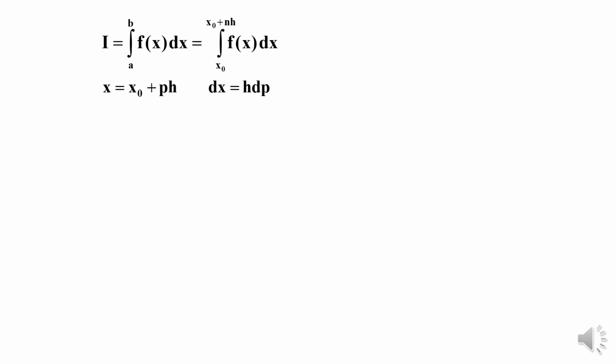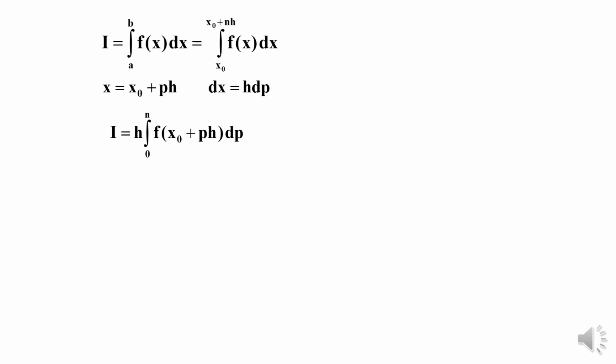Now we put the value of x as x0 and x0 plus nh to get the limit values. When we put x0, we get p equal to 0, and when we put x equal to x0 plus nh, we get nh equal to ph. It means p is equal to n. We substitute limits 0 to n and the value of dx is h dp. We put x equal to x0 plus ph, and we get this I.